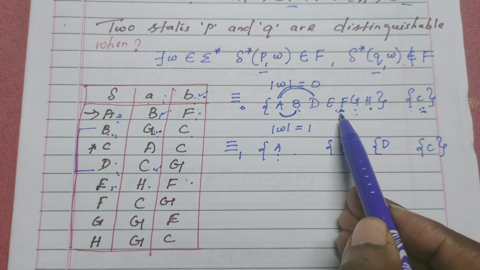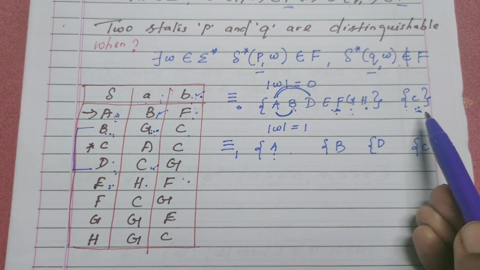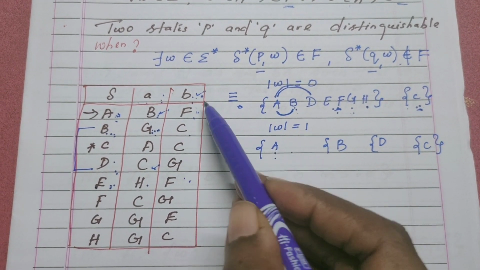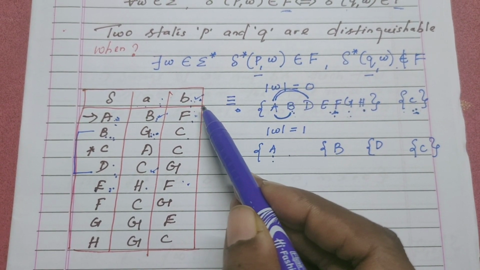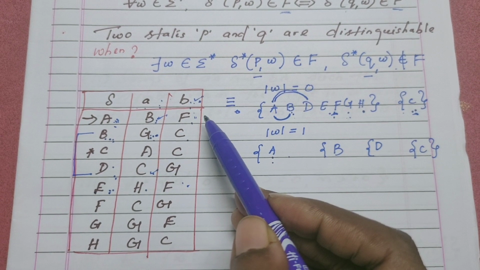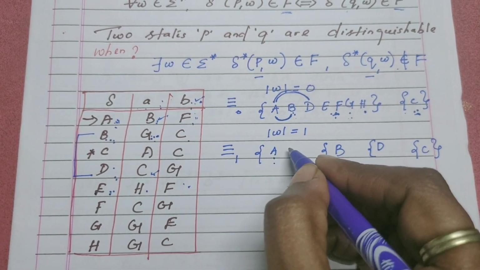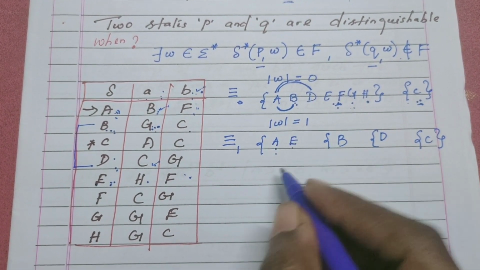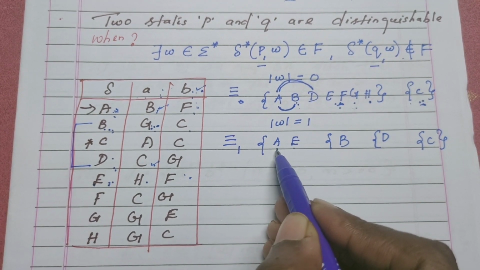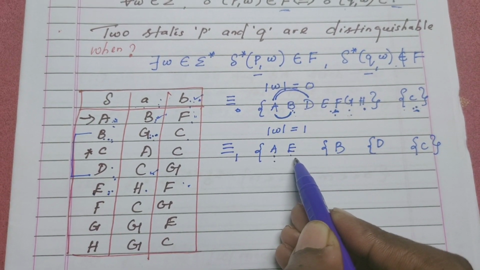Whether F is in this set or that set doesn't matter. What we have to check is whether the resulting states after reading the particular string end up in the same set. So you can write E here. At this step, A and E are indistinguishable.